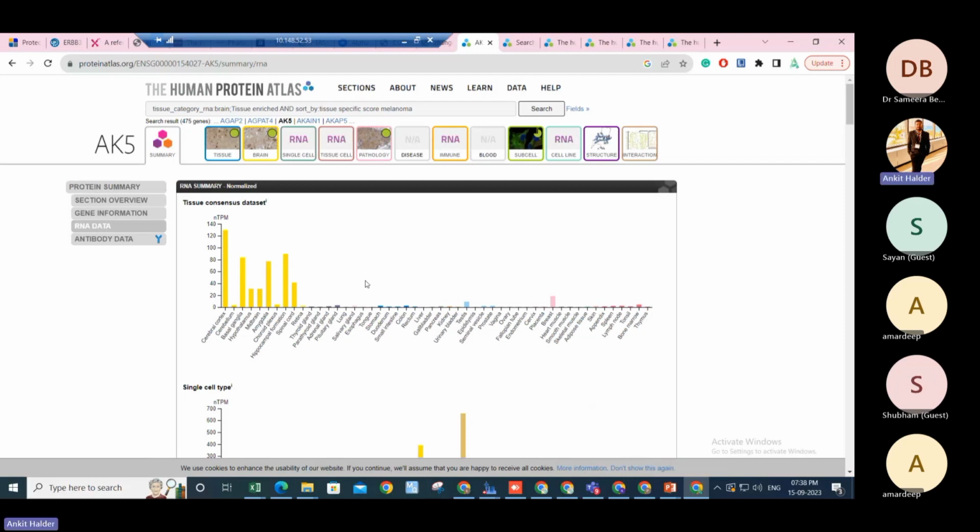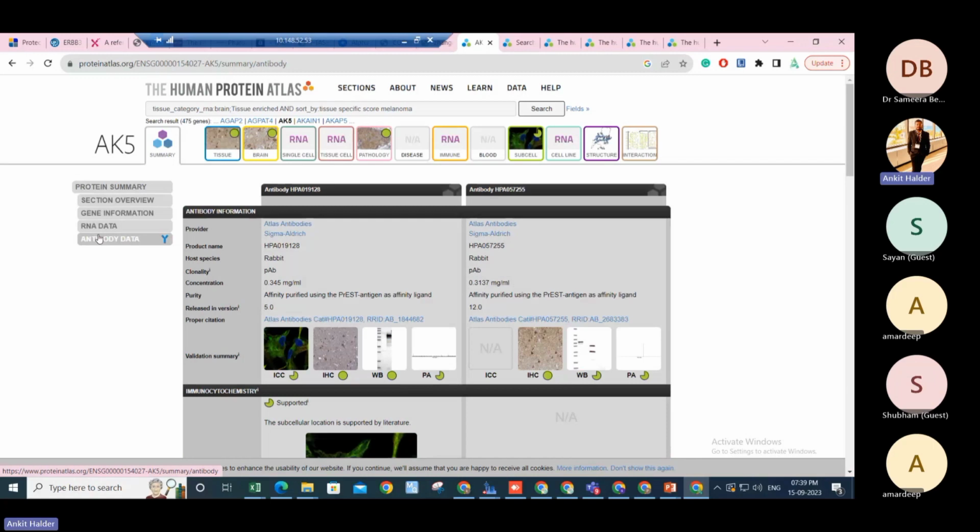The protein or gene you are targeting should be expressed in that region only, so that your drug or those targets can go and bind to those places, and it doesn't affect you, or the cytotoxicity becomes less accordingly. So here you can find the RNA data for those, and then the antibody data, as we showed you previously.